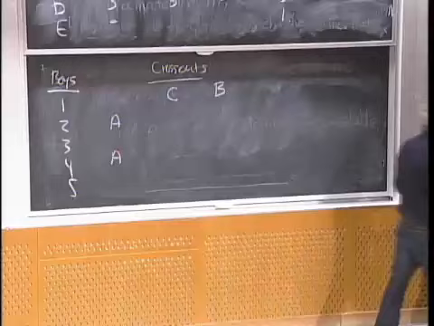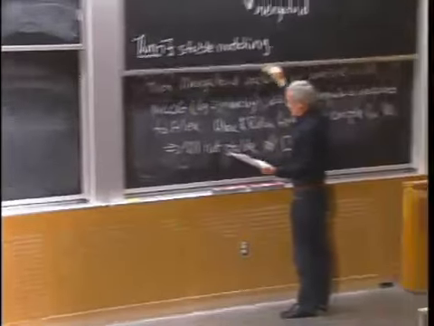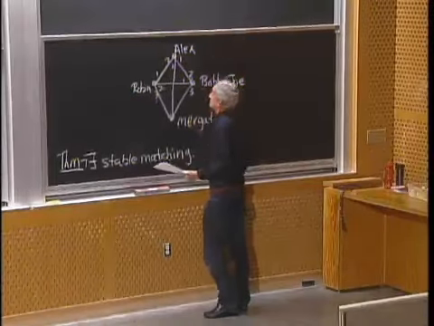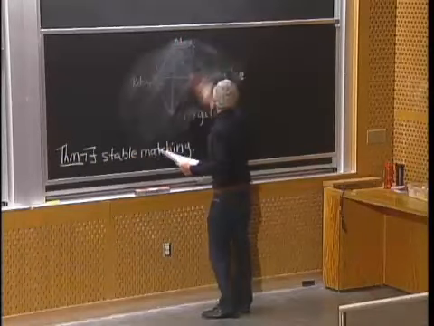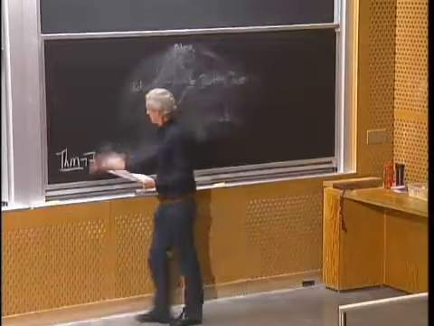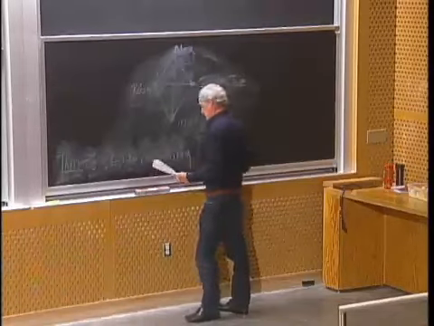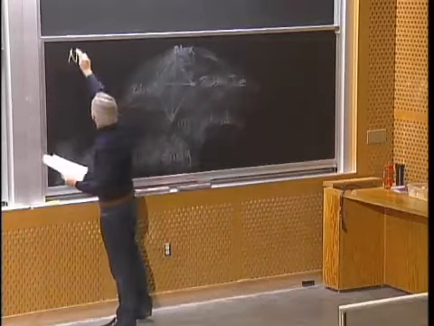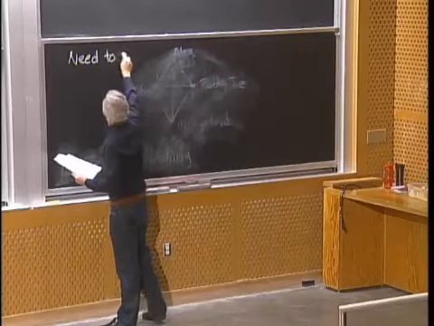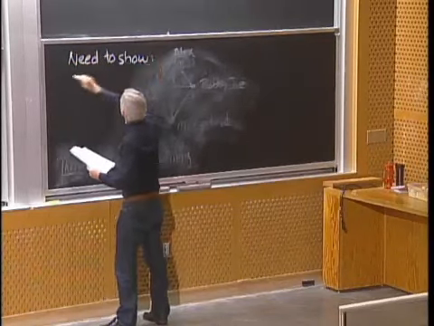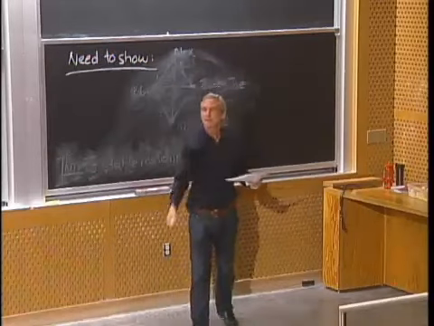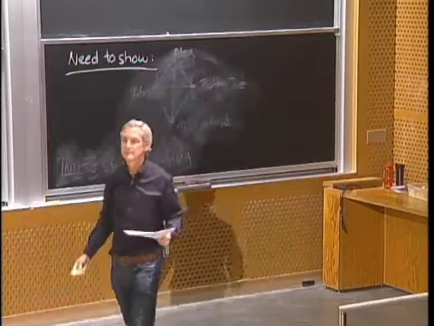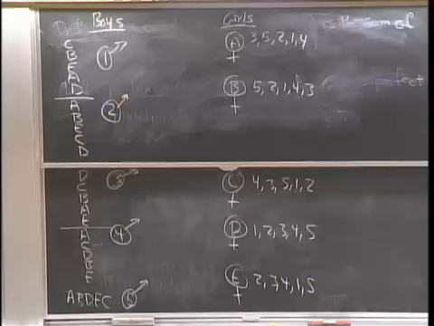And to do that, we need to do a few things. All right, so what are the things we need to show to prove everything is going to be good here? What are some facts we need to prove? Yeah? Yes. The algorithm terminates. So we need to show that the marriage algorithm, TMA, terminates.